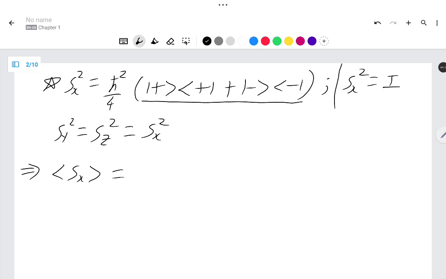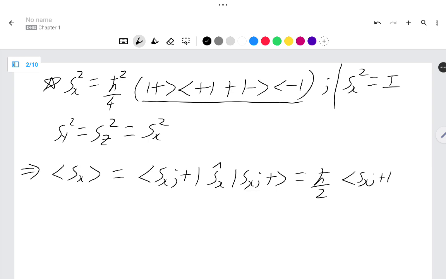Since the state is an eigenstate of the Sx plus operator only, I'll get the constant value of h bar by 2. So Sx is simply h bar by 2.